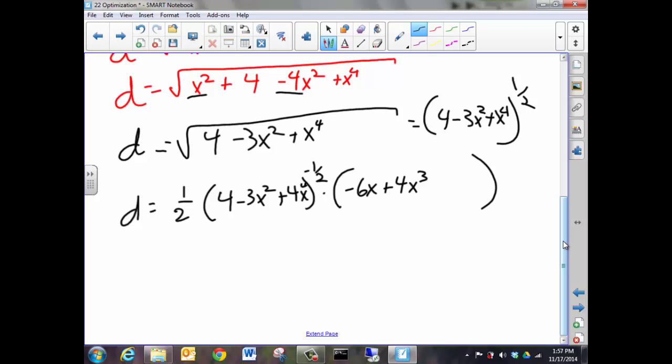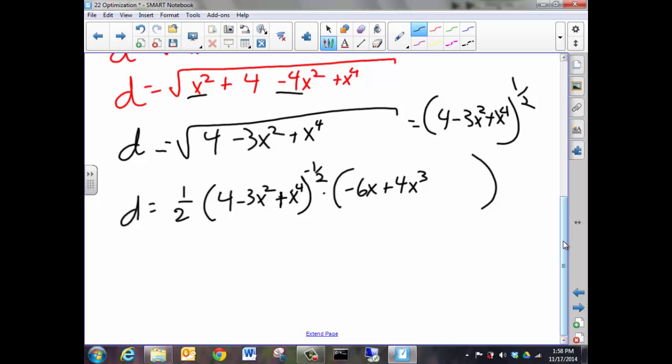Yes, that's an x to the 4th there. Thank you. Oh, it's not 4x, it's just x to the 4th. Yes. And when we take the derivative of what was inside, we get negative 6x plus 4x cubed.